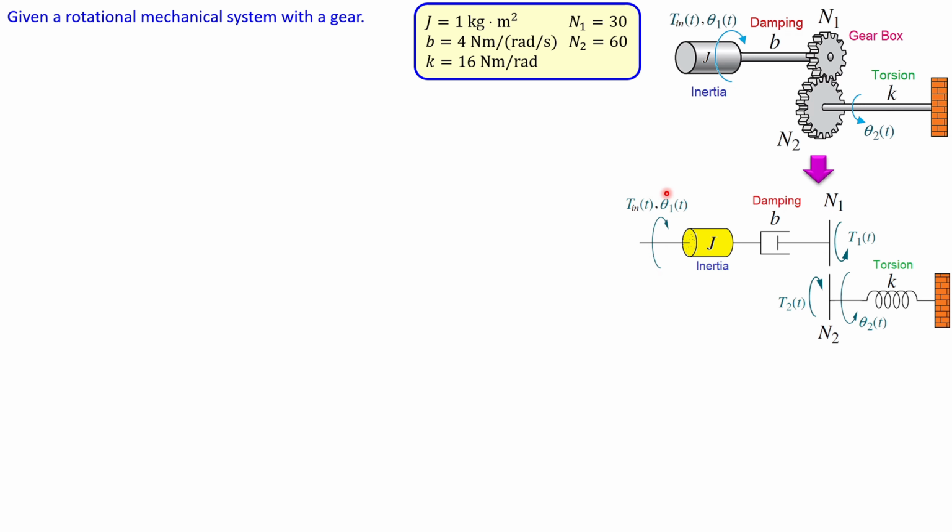Because we will apply a torque here, the part of the gear will respond to that, and that is actually the response torque, which is called here T1. In addition, because this is in this direction, the T2, which is the response torque for the N2 part of the gearbox, will then go in that direction.